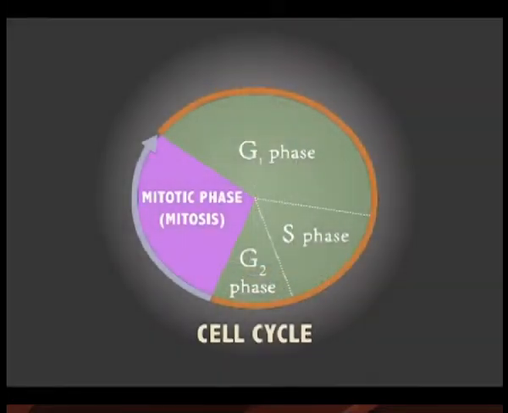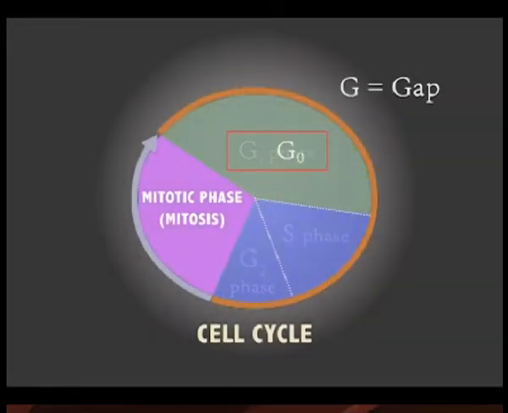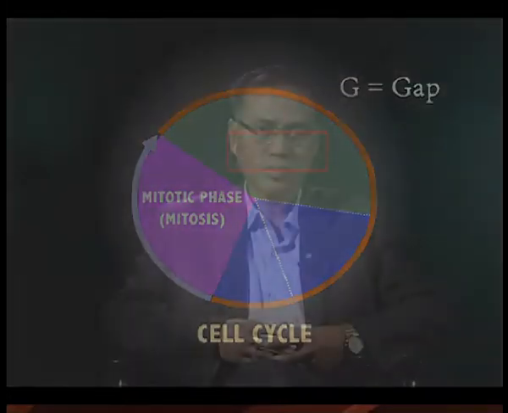If extracellular conditions are unfavorable, cells delay progress through G1 and may enter G0. Indeed, many cells remain permanently in G0 until they or the organism dies.